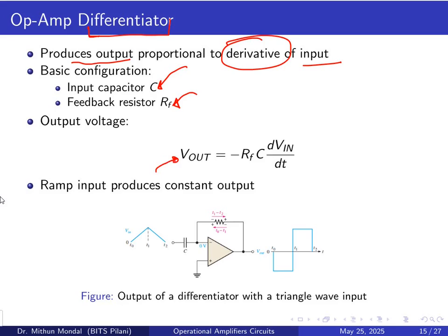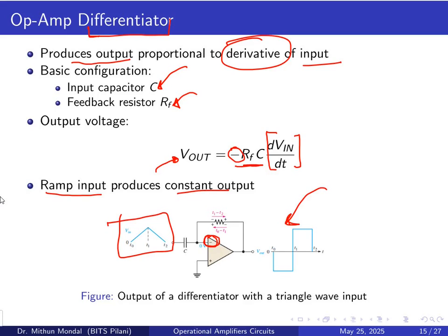The output that we get is the differentiation dV in by dt multiplied by RFC, and negative because we are connecting to the inverting terminal of the op-amp. So it takes a ramp input and produces a constant output. Here we are giving a ramp input, and the output we get is a step.